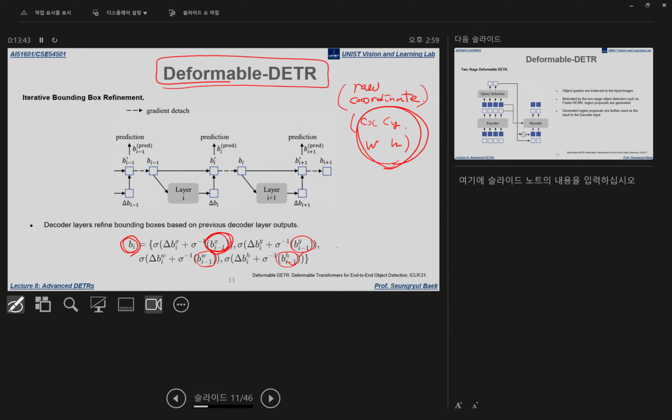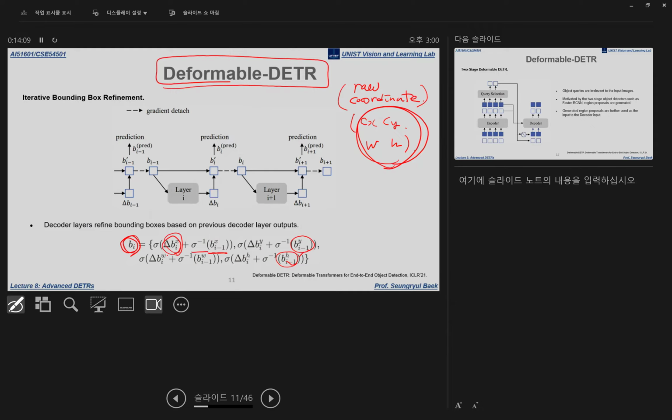In the deformable DETR, they formulate their bounding box estimation by applying inverse sigmoid to the previous layer's estimations and then applying addition for this layer's output.